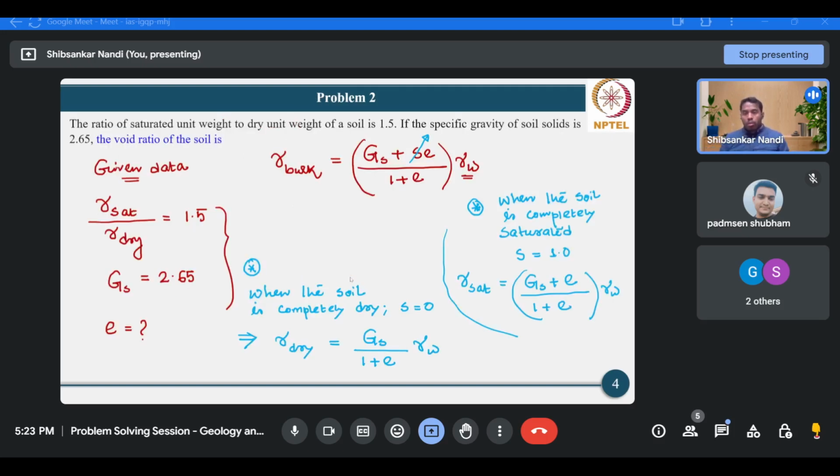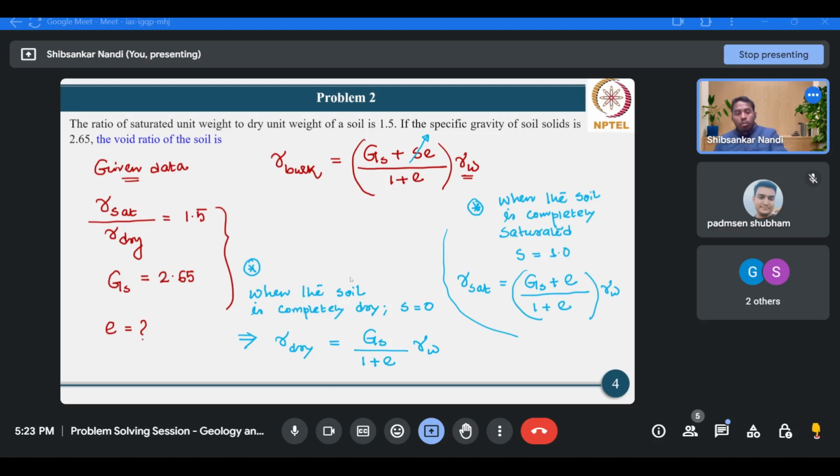Through this problem, we have seen that when the ratio of saturated unit weight to dry unit weight is given, and in addition the specific gravity of soil solids is also given, we can easily determine the void ratio of the soil.